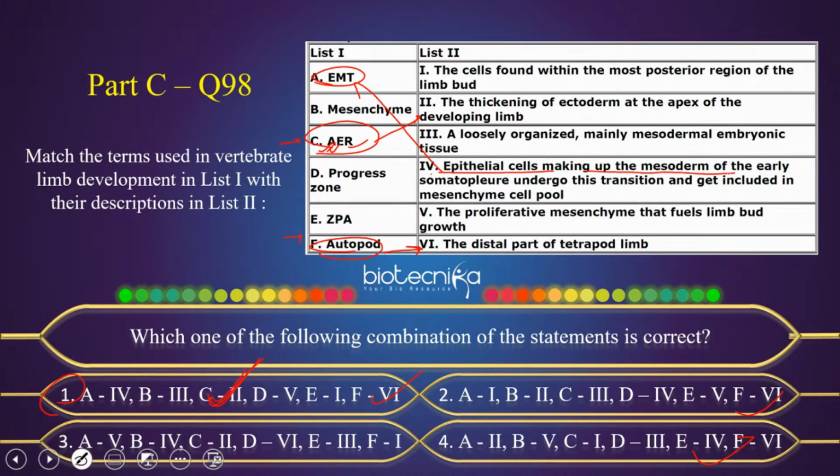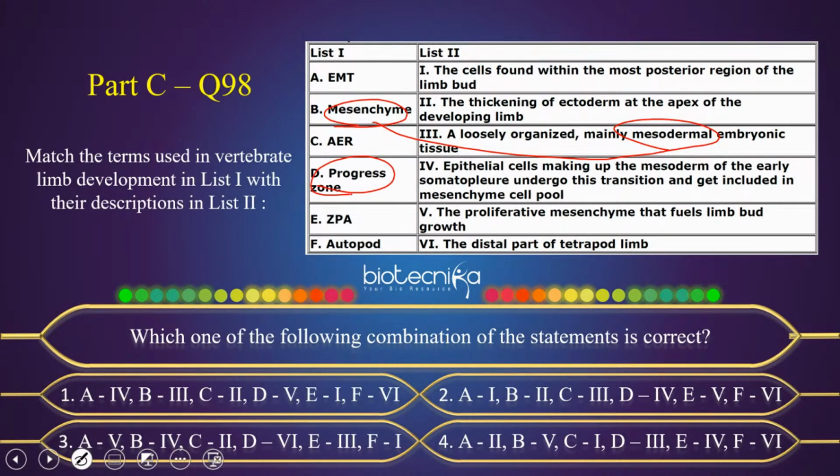Epithelial cells making up the mesoderm of the early somatopleure undergo this transition and get included in the mesenchymal cell pool, because epithelial cells will change their nature, means they will come out from the layer of cells through the process of ingression and become a part of mesenchyme. What is mesenchyme? That also I mentioned, that they are some cells which are loosely present, not attached in a layer, and they will be mostly making mesodermal cells of the embryo later.